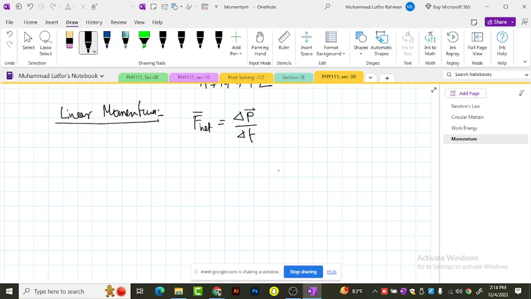So that means if you want to change the momentum of a system, you have to apply a force on the system, and that force must be an external force.